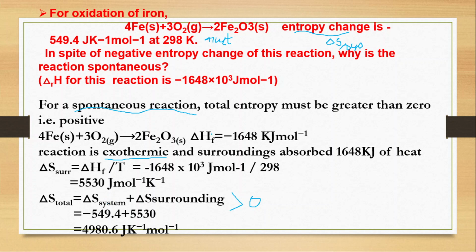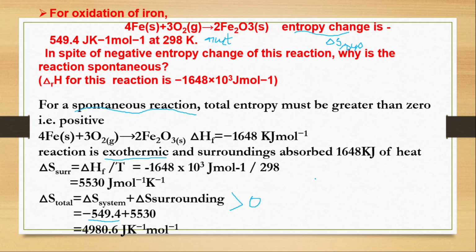Whatever value they have given is delta S for the system, which is negative, minus 549.4. Delta S for the surrounding we need to check. How to check? When the reaction is taking place, the reaction is exothermic in nature, so this much amount of energy is lost from the system.